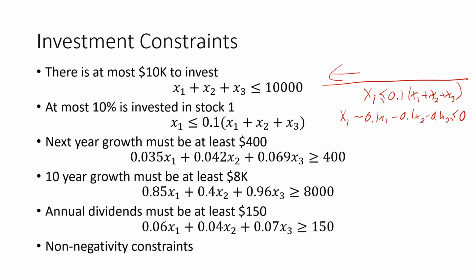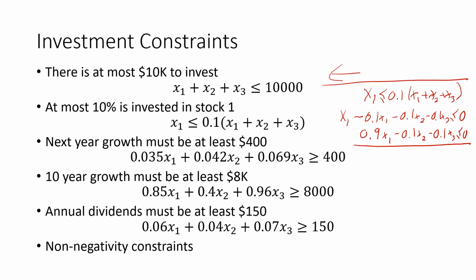Simplifying it just a little bit, 0.9 X1 minus 0.1 X2 minus 0.1 X3 is less than or equal to 0. There is our second constraint written out in the format we're used to seeing. That is the constraint that says only 10% can go into stock 1.